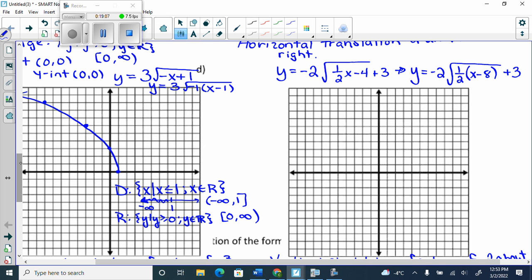Are there any negatives? Yeah, there's a negative in front with the y, so it's a reflection in the x.